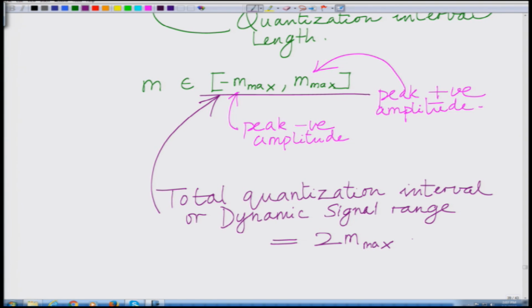Okay. M max minus minus m max, that is twice m max, that is the total dynamic signal range, that is the width. Right.